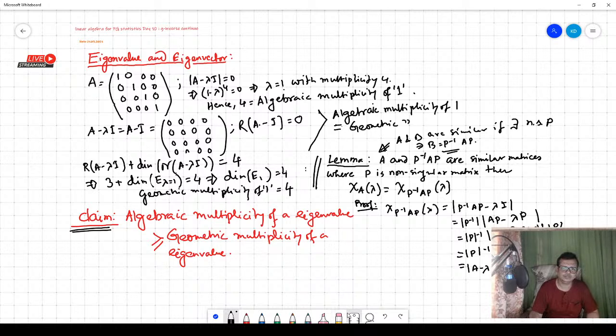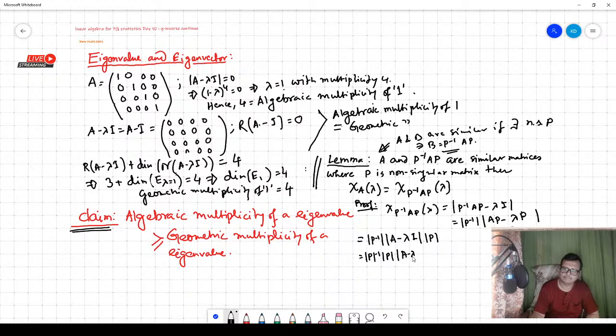Sorry, Swarupa, I forgot this thing. So the determinant of A minus lambda I is equal to chi A of lambda.